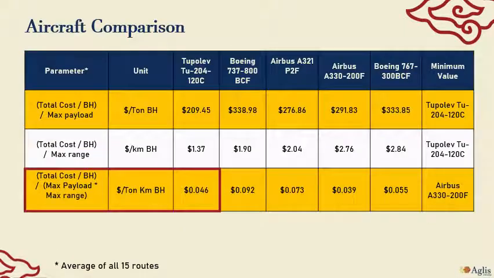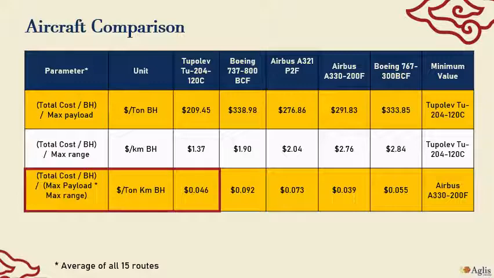Based on all 5 candidates mentioned previously, a calculation was conducted based on the cost parameters mentioned earlier for all 15 routes that will be covered. Because block hours for each route are different, the parameters shown are the average operating cost values per block hour.